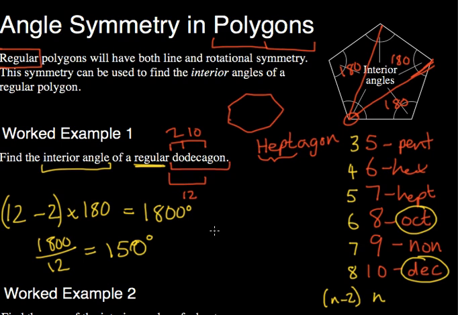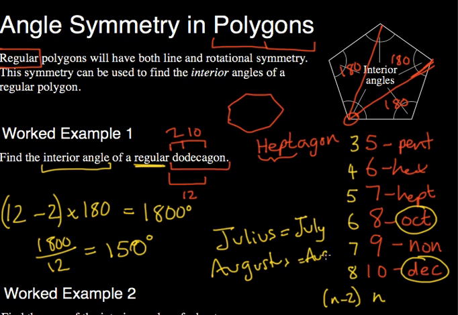But interestingly, the two guys got in the way there. Julius Caesar put July in there, and Augustus put August in there, and they screwed up the system. So they kept the names of the months, but they made it two months later, which is quite interesting, I think. Anyway, let's move on.